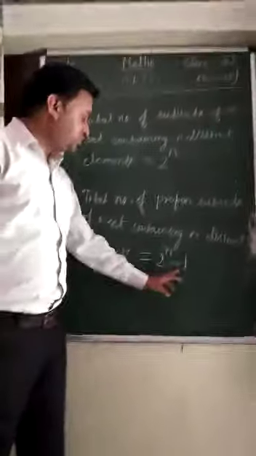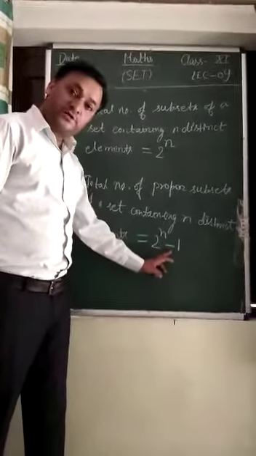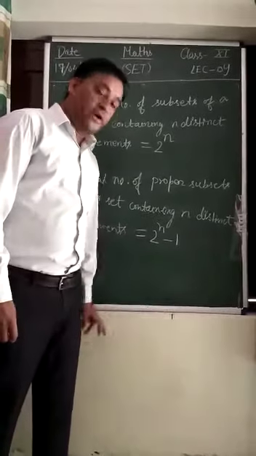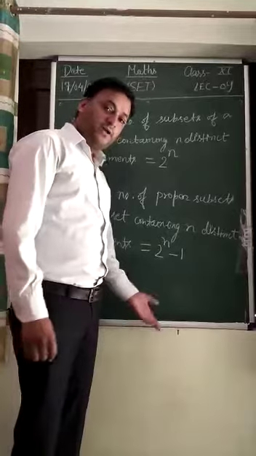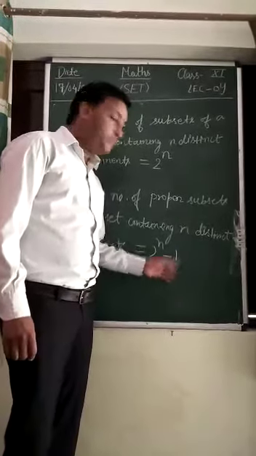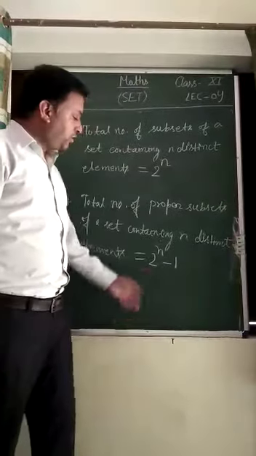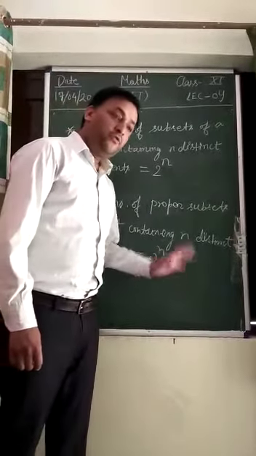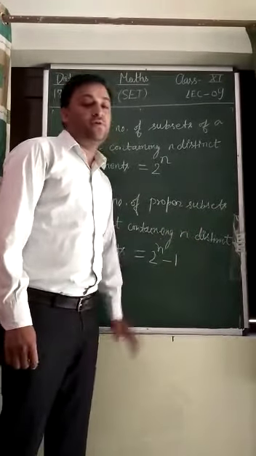Here we reduce 1, or subtract 1, students. Why? Because we know that every set is a subset of itself, but every set is not a proper subset of itself. So we subtract the one subset which contains all the elements of the set.